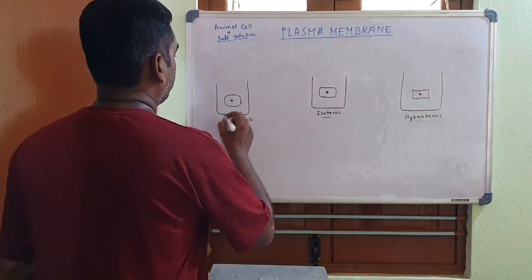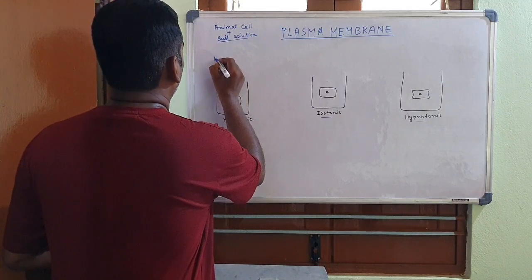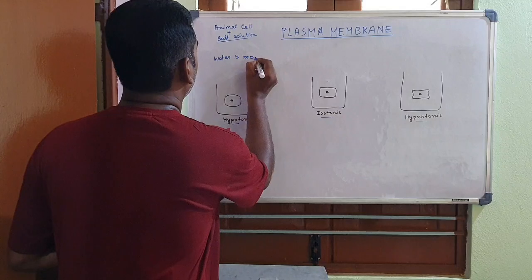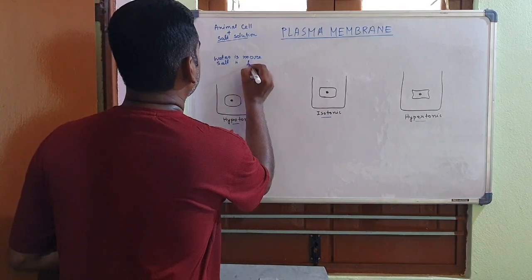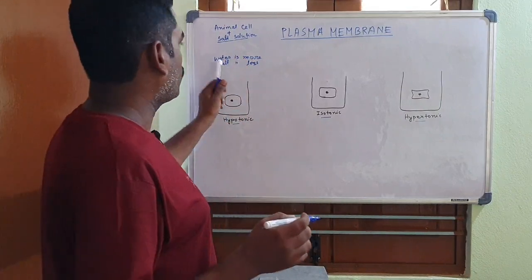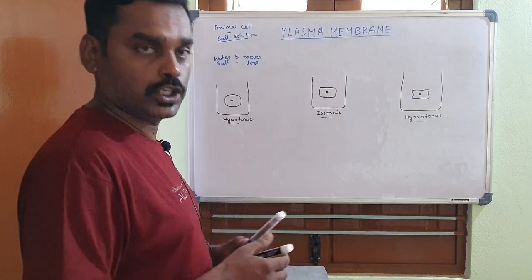In the case of a hypotonic solution, water is more and salt is less. As we have taken a salt solution, salt is the solute in this solution.